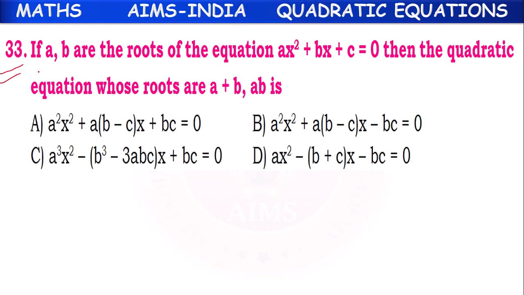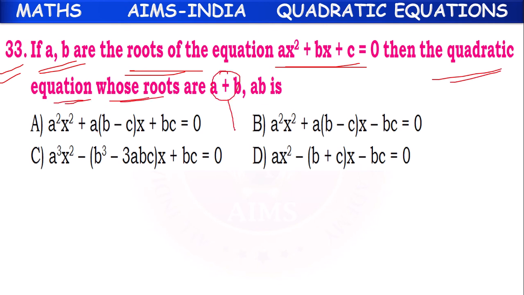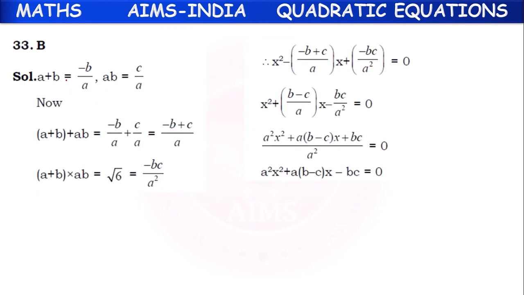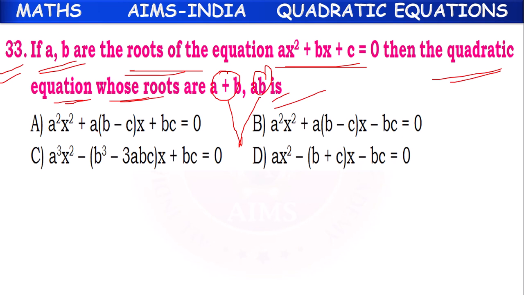Next one. If a, b are the roots of this equation, then the quadratic equation whose roots are a plus b and ab is how much? So a, b are the roots of this equation.